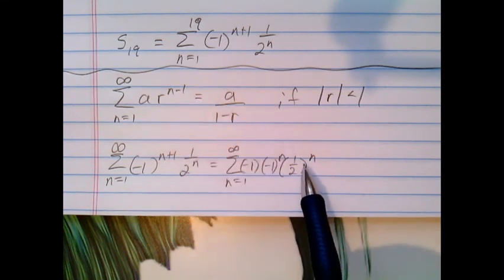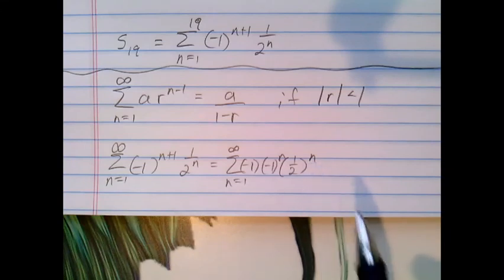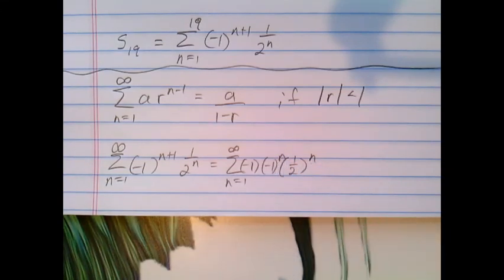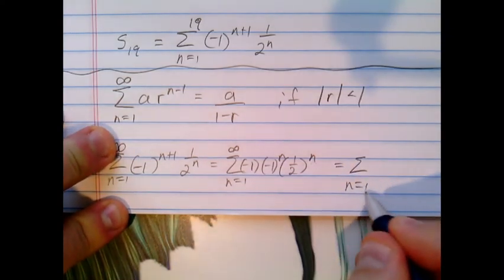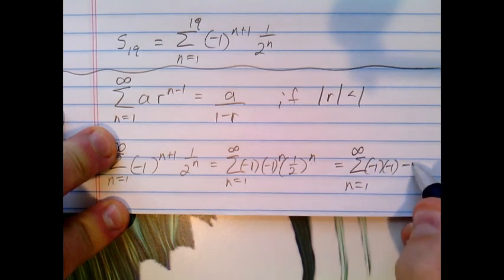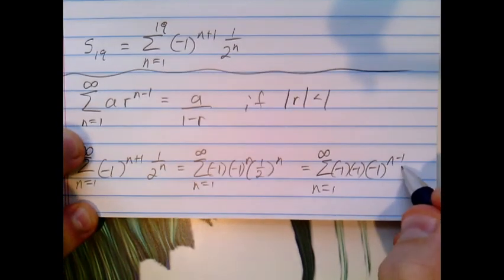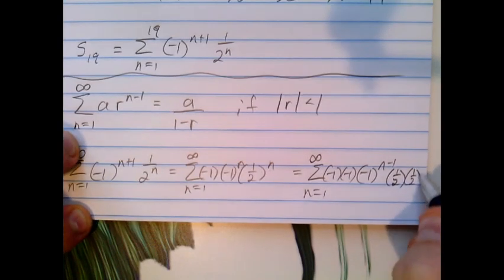So I need to split out a factor of 1/2 to get this down to 1/2 to the n minus 1. And so I need to split out another negative 1 out of this. That gives me negative 1 to the n minus 1. And if I split out a factor of 1/2, that'll leave me a 1/2 to the n minus 1.